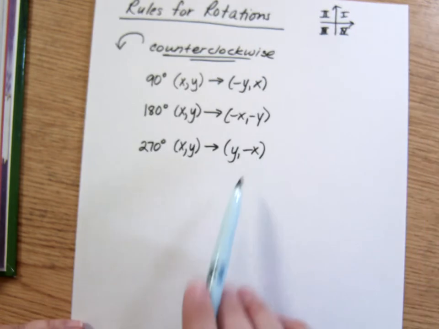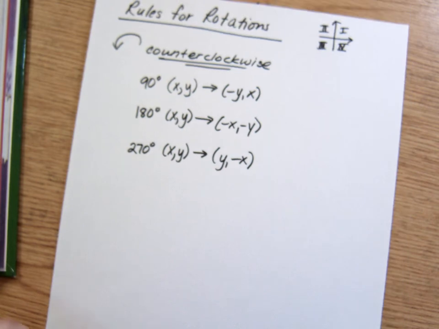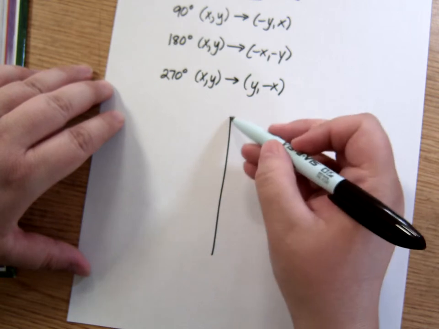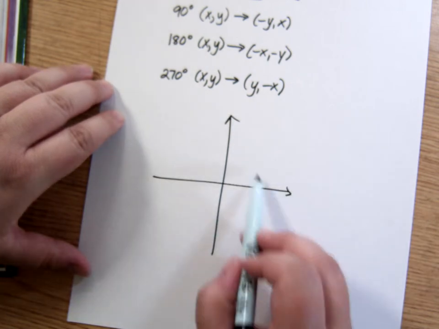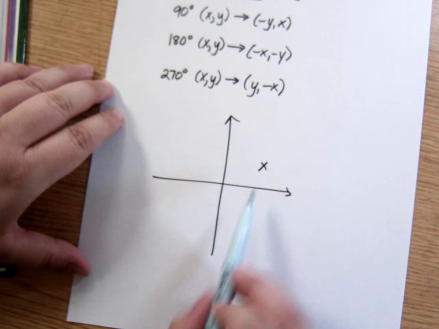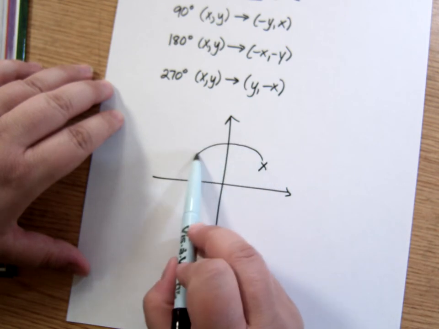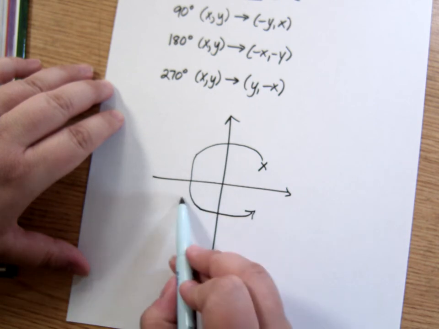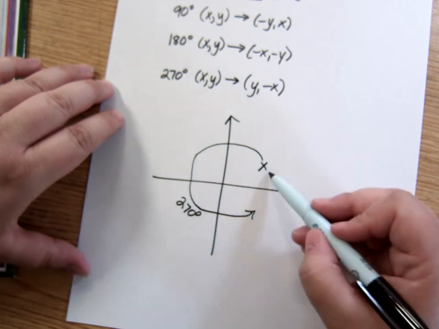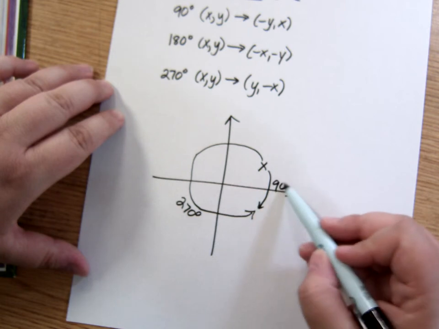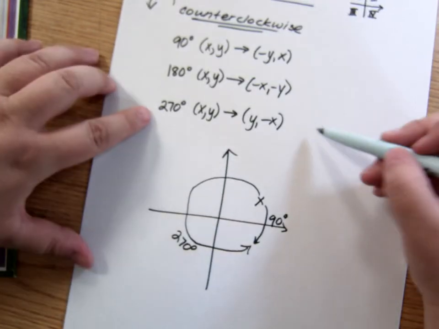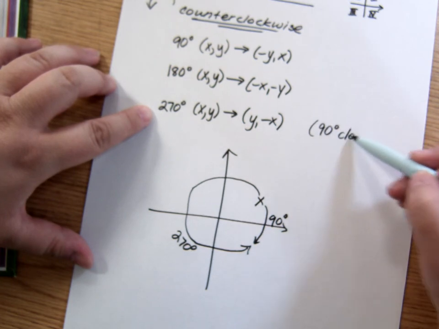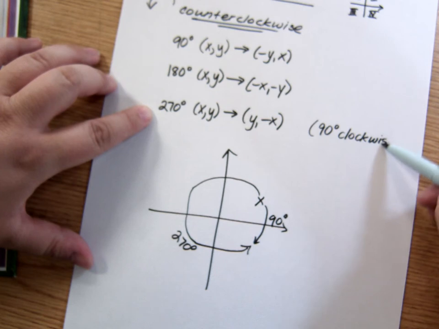Now, the nice thing about if you know counterclockwise, then you kind of know clockwise. Let's say I start here. If I go 270, this is 90, 180, 270. If I do 270 counterclockwise, that's the same as 90 clockwise. So if you're asked about 90 clockwise and you know what 270 is counterclockwise, you're going to get the same answer.